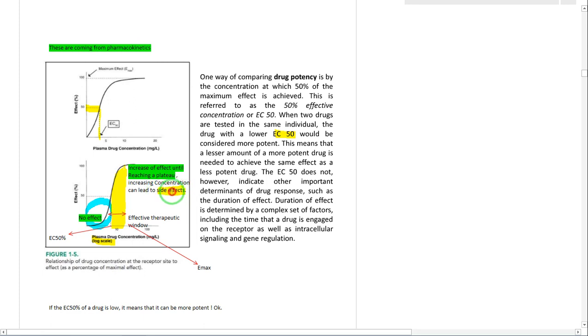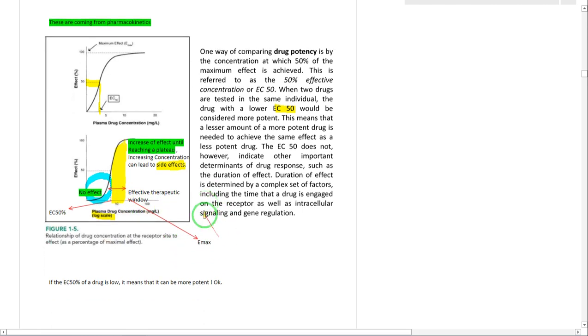So the drug will show toxic effects at that point, and this is not something that we like. So you see here that this yellow window shows us the effective therapeutic window. The concentration at which the effectiveness is not going to be increased by increasing the concentration of the drug is called the Emax.